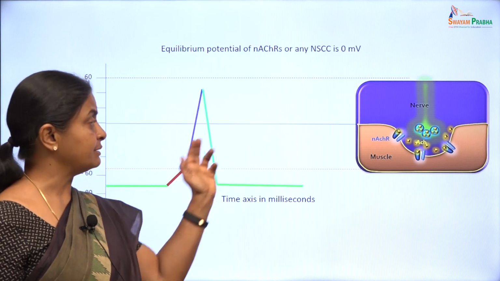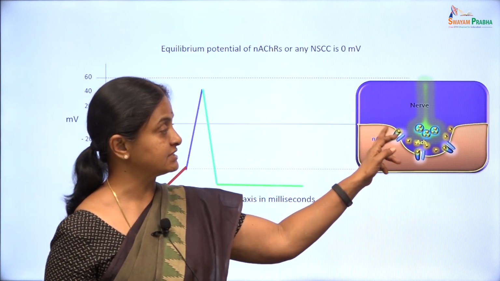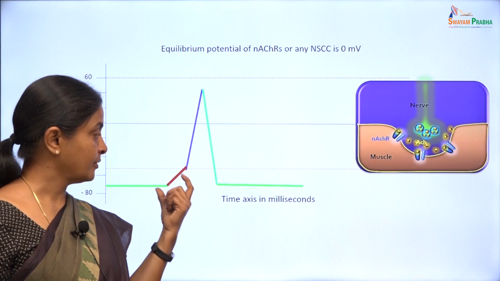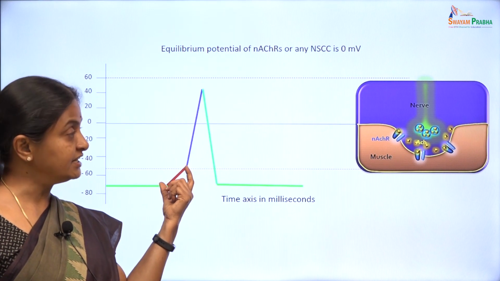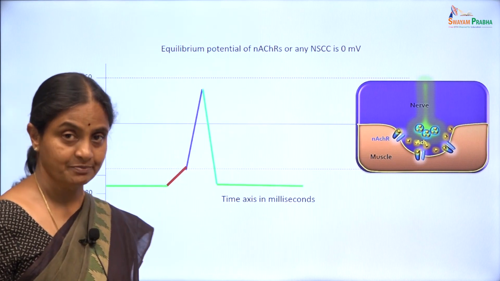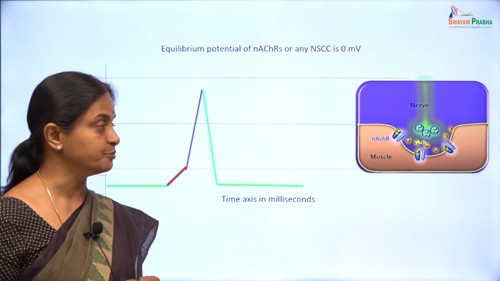So, rather than the membrane reaching 0 millivolts, what you will see when nicotinic acetylcholine receptors open up is an action potential. So, this is the skeletal muscle action potential and the initial or early depolarization is brought about by the nicotinic acetylcholine receptor. This early depolarization may be called an end plate potential.